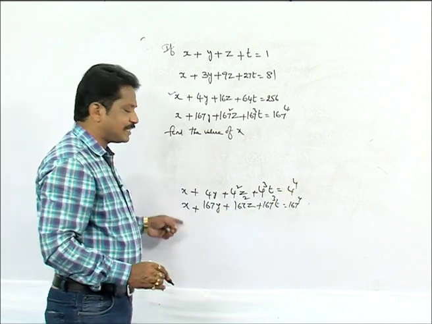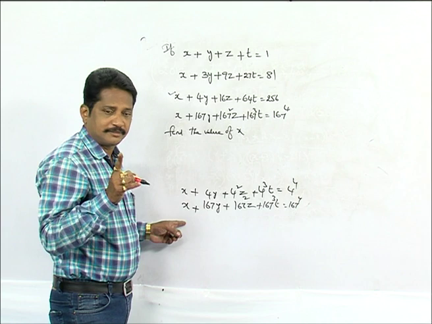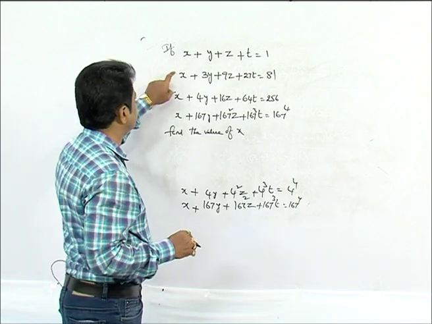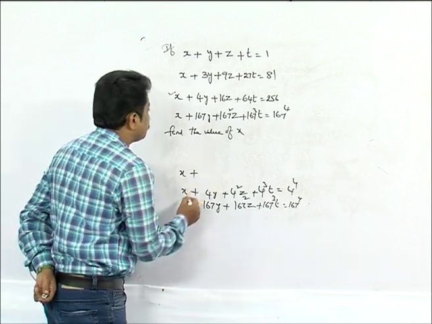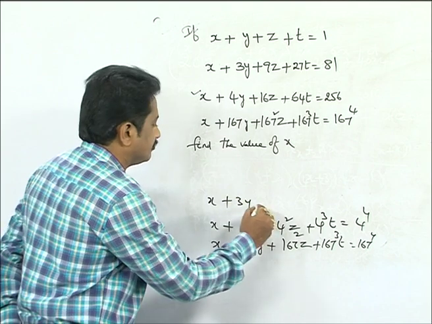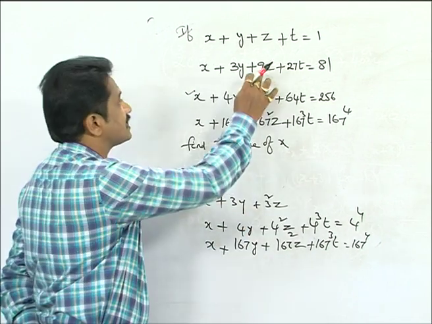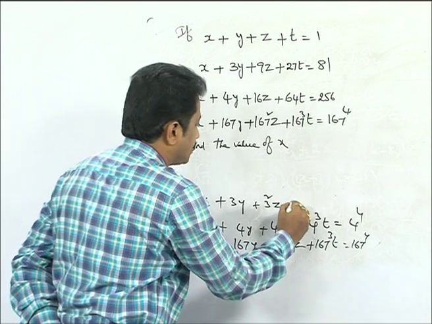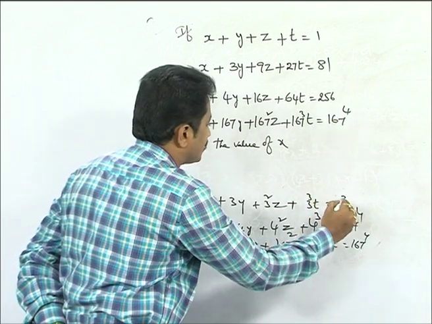Is it very similar to this equation or not? Very similar. Okay, now coming to the second: x plus 3y plus 3 square z, because 3 square is 9, 3 cube t is equal to 3 to the power of 4.